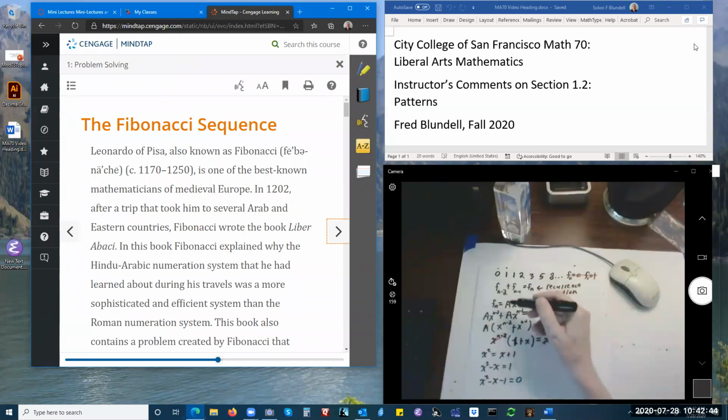And what's the starting value? Well, if n was 0, then a is going to be the first number in your sequence, because x to the 0 would be just 1. Okay.